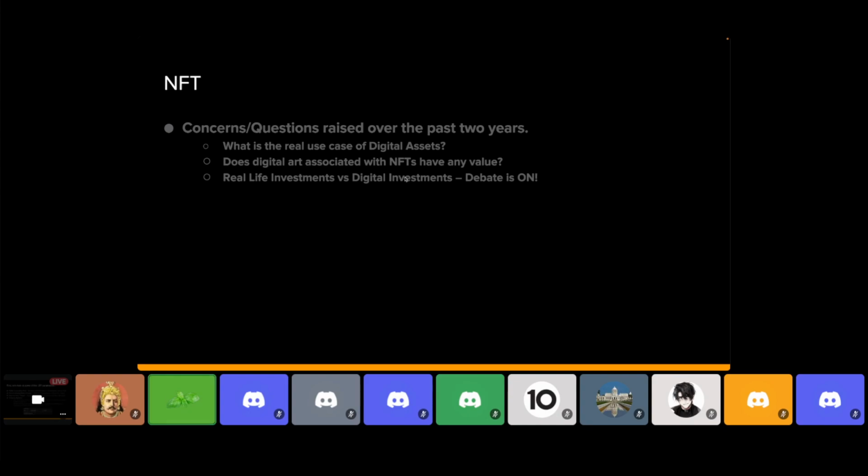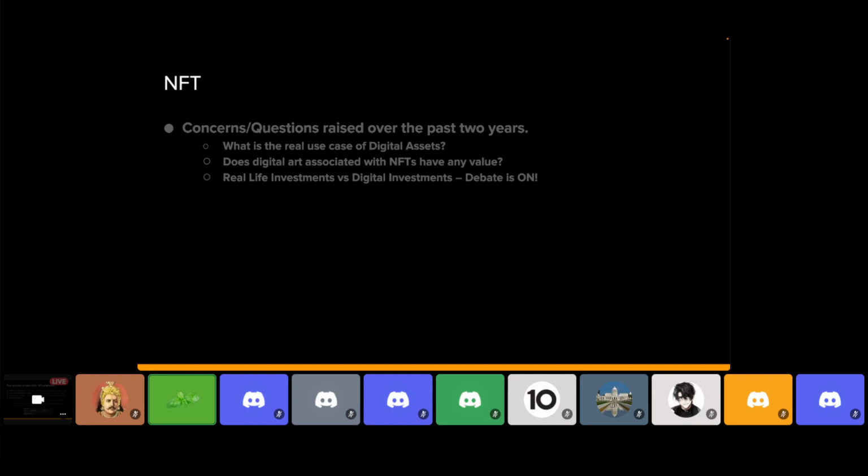But if you go through the forums and videos, there are concerns and questions being raised over NFTs in the past 2 years. One of them is, definitely, what is the real use case for digital assets? And that's a right question, because till now, humans have basically been tied to physical or tangible assets, for example land or gold.